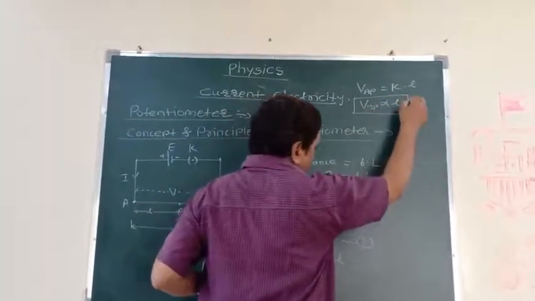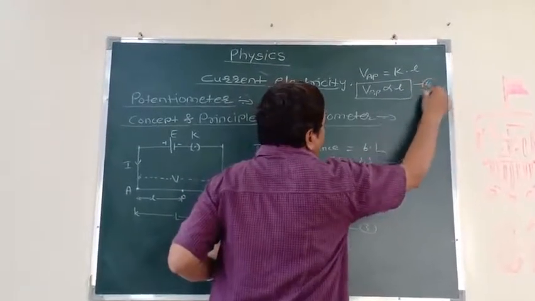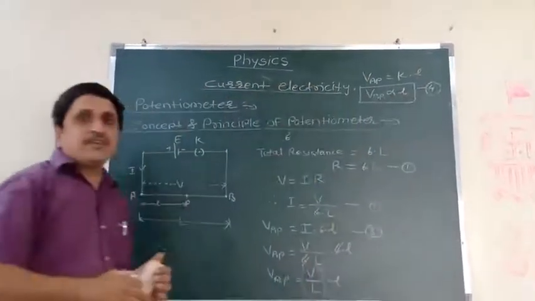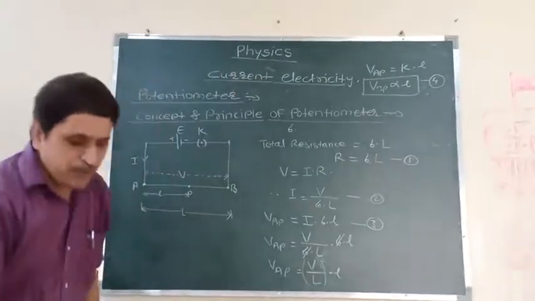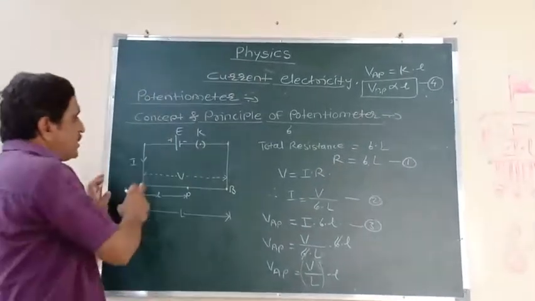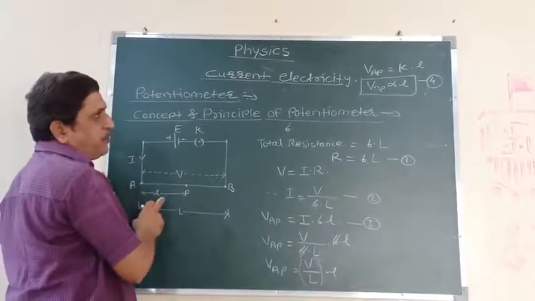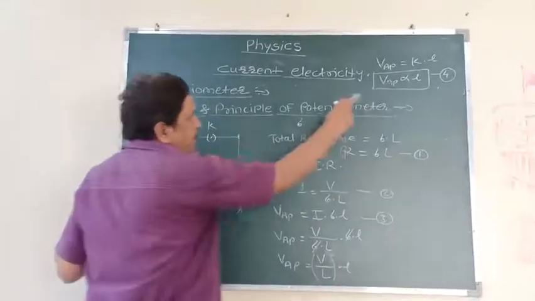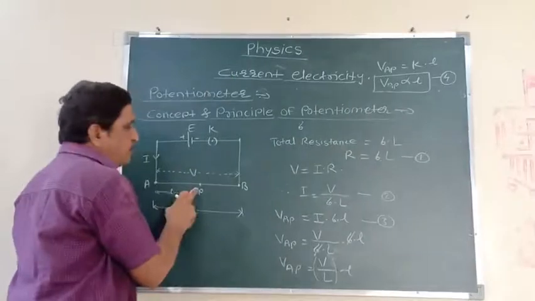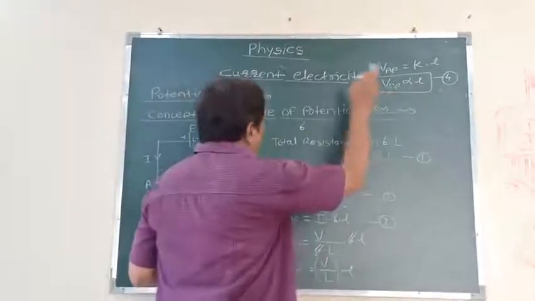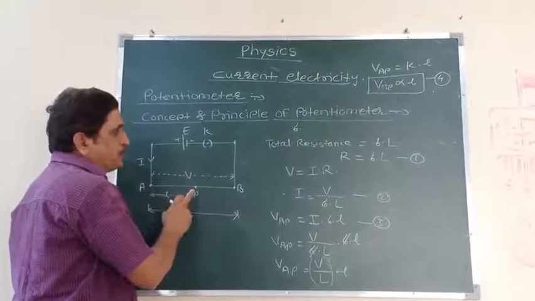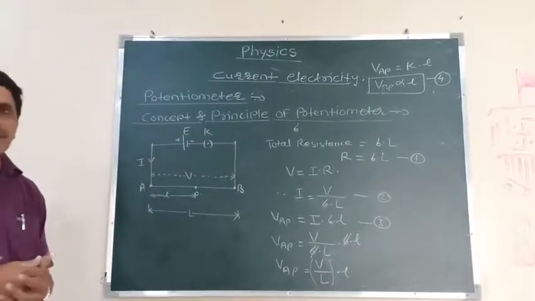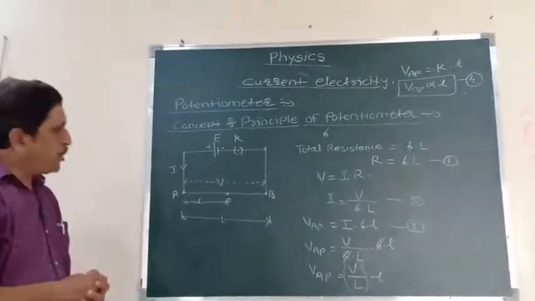From this relation we can make one statement, and that statement is nothing but the principle of potentiometer. If constant current is passed through the potentiometer wire, then the potential difference between any 2 points of the wire is directly proportional to length of that wire between those 2 points. This is about the concept and principle of potentiometer.